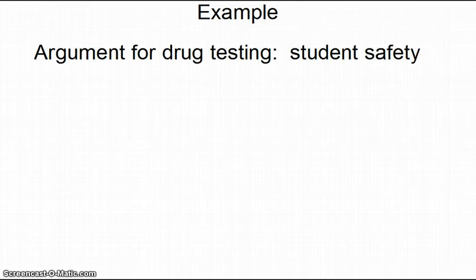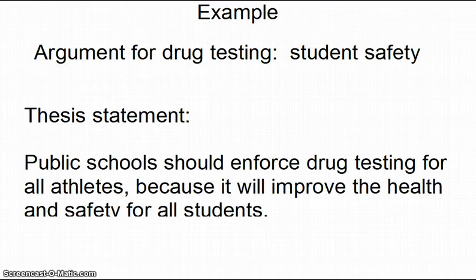So one of the reasons for drug testing would be that it's safer for students if they are drug tested, because we can help students get help if they might need it. So I could put that in a thesis statement by saying public schools should enforce drug testing for all athletes because it will help improve the health and safety for all students.